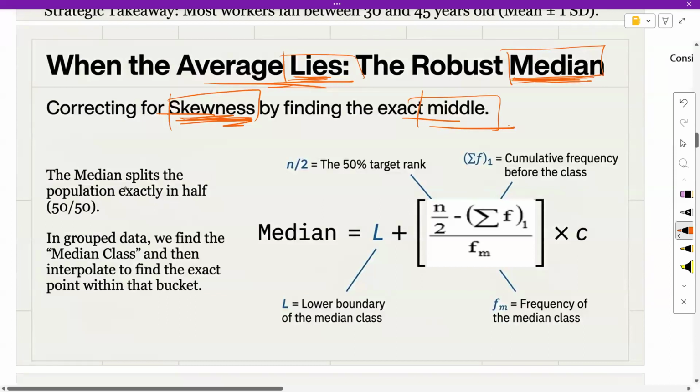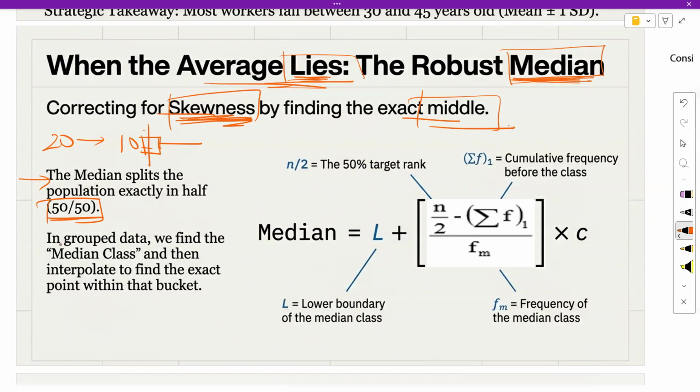To calculate the median, as we did for ungrouped data, the median splits the population exactly in half. If there are 20 data points, there are 10 on one side and 10 on the other, and the middle value will be the median.